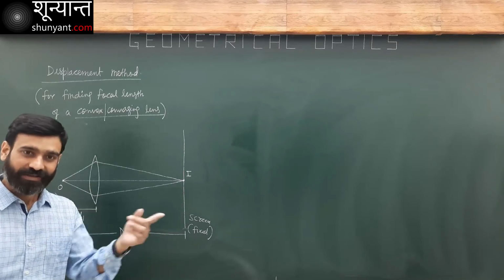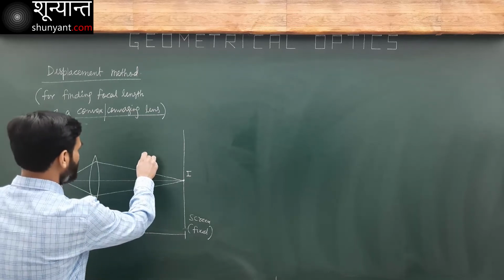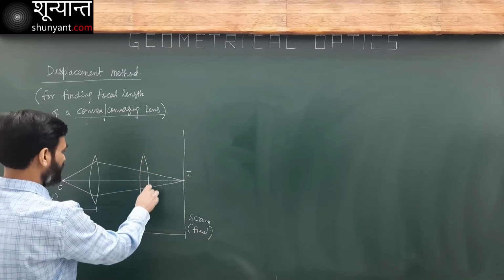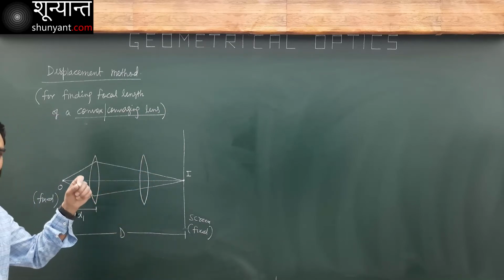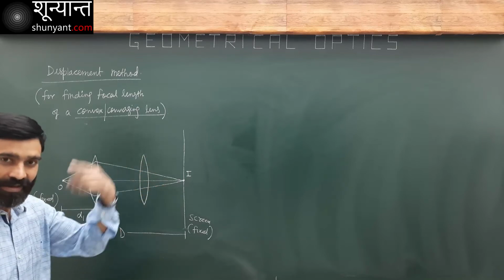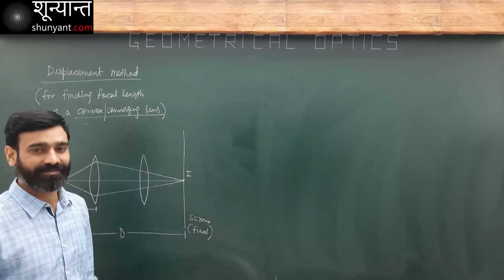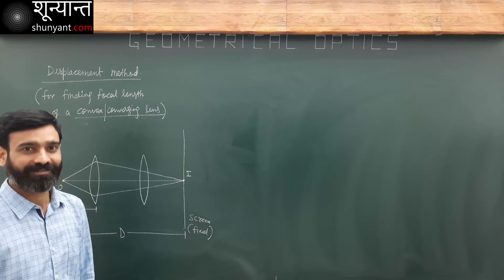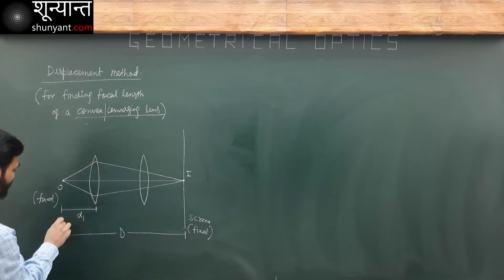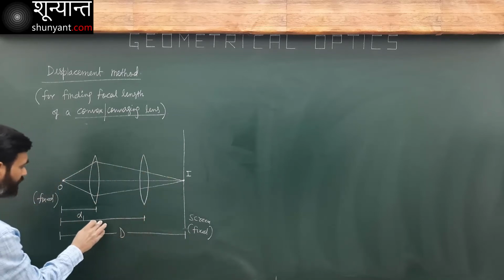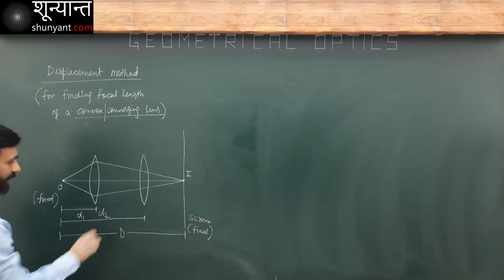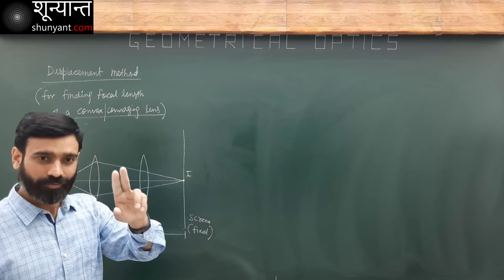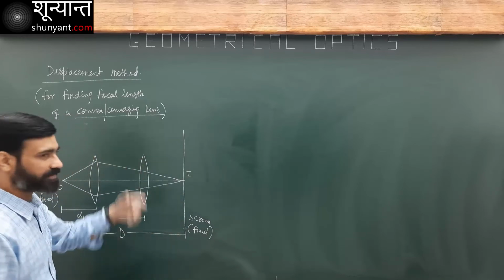That means if I keep on moving this lens, then at a certain position I am again going to find the image at the screen. It is always going to happen. Let's say this position is D2. So I am getting a real image on the screen for two different positions of lens.